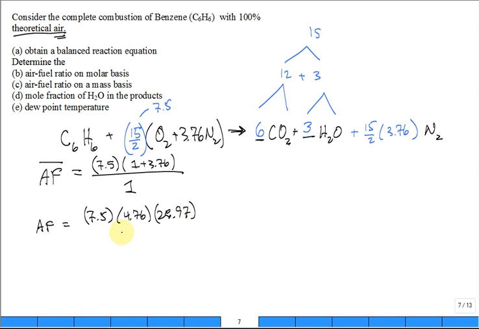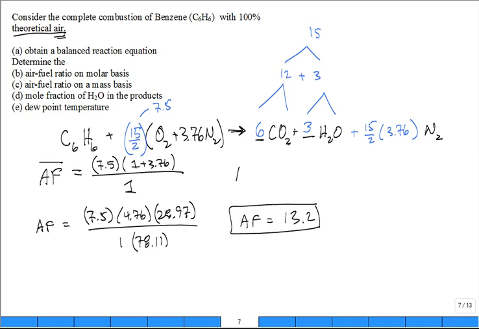That's the molar mass of the air. So then I have to go and look up the molar mass of the benzene, which is 78.11. And so the air-to-fuel is 13.2. On a molar basis, the air-to-fuel was 35.7.